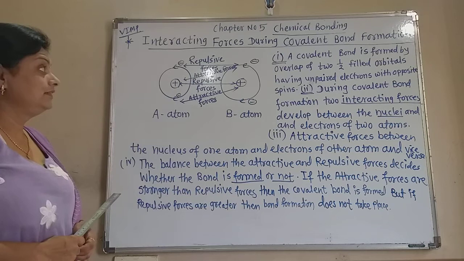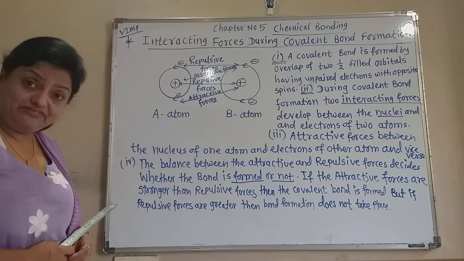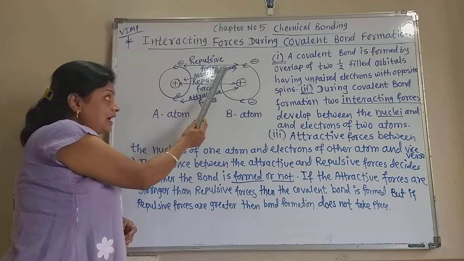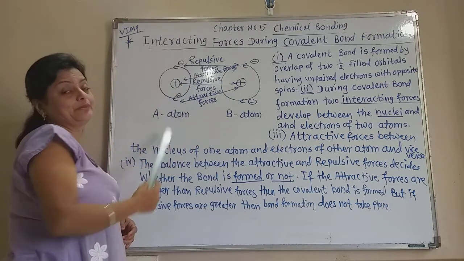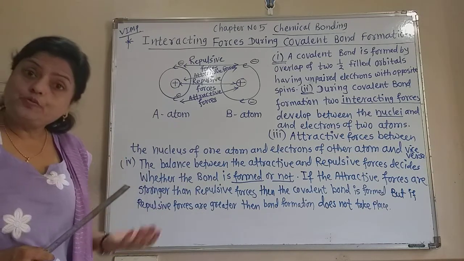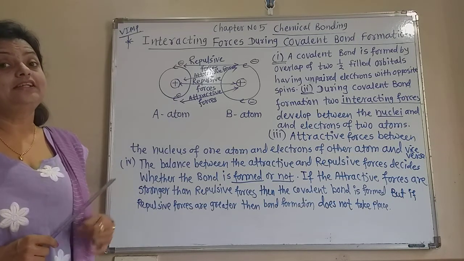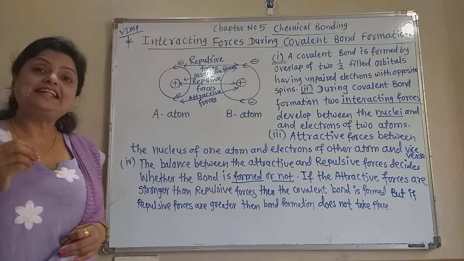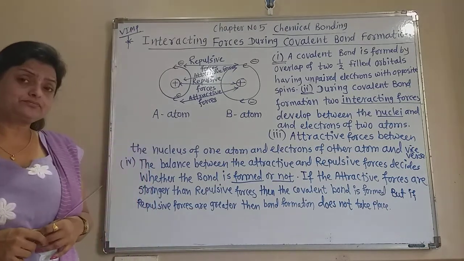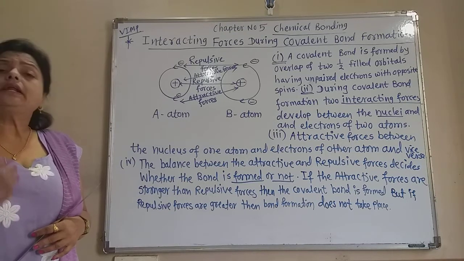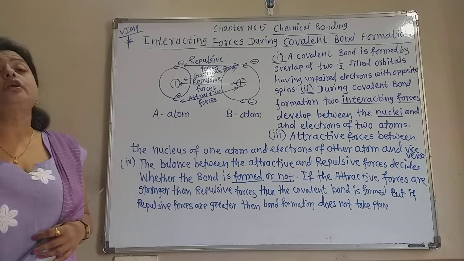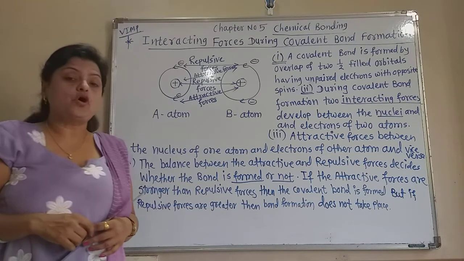Again, there are attractive forces between the electrons of the other atom and the nucleus of the first atom. Now, if the attractive forces are more than the repulsive forces, then overlapping of orbitals takes place. But if the repulsive forces are greater than the attractive forces, then the covalent bond does not form.